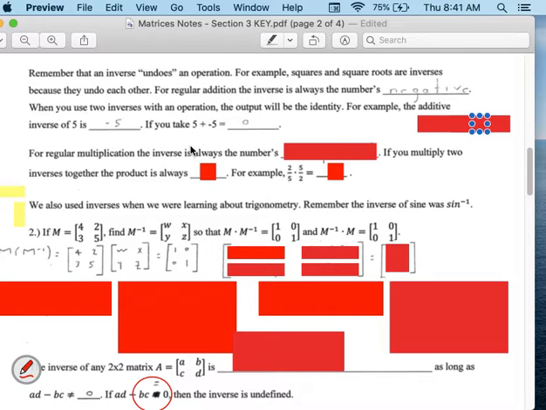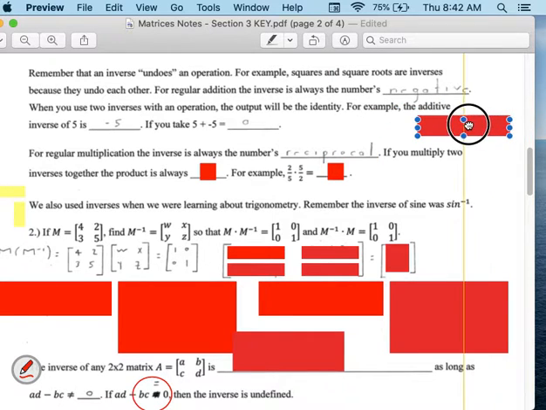For regular multiplication, if I want to undo something, I want to get back to 1, I need to multiply by the reciprocal. If you multiply two inverses together, you get 1. So how can you remember that?